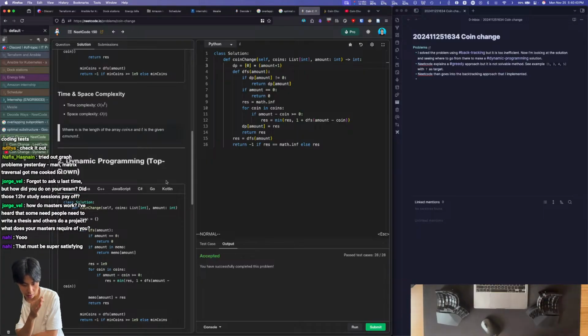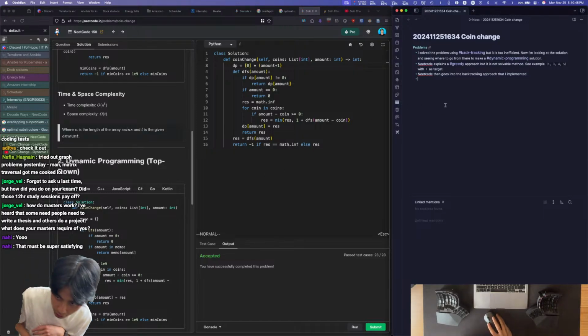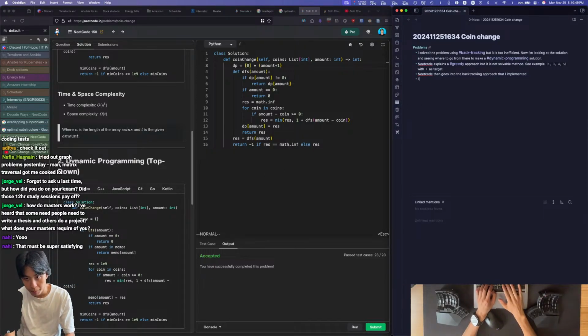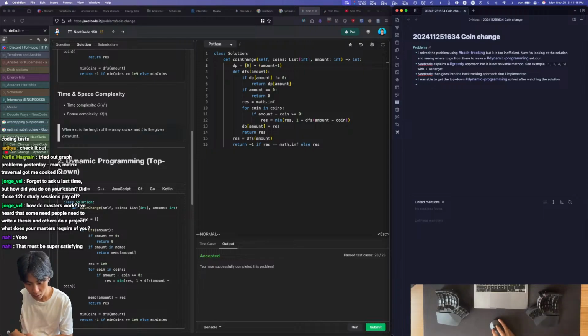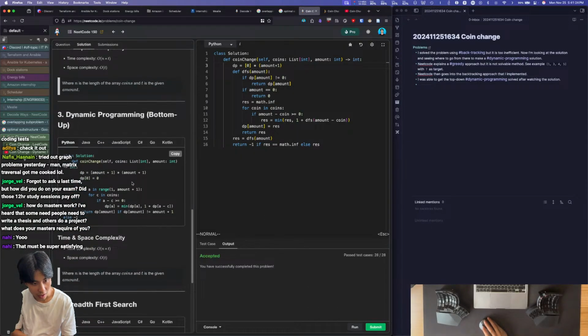However, let's try bottom-up DP. All right, so top-down DP. 100% Nahi. Very super satisfying. And we'll try bottom up now.